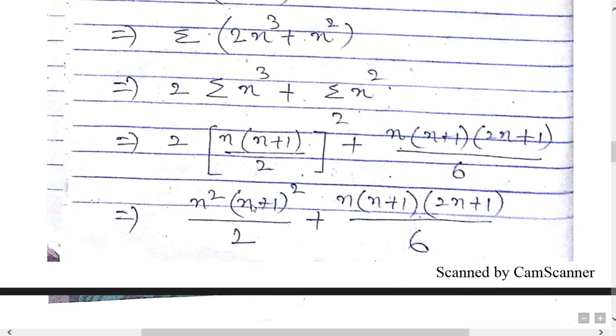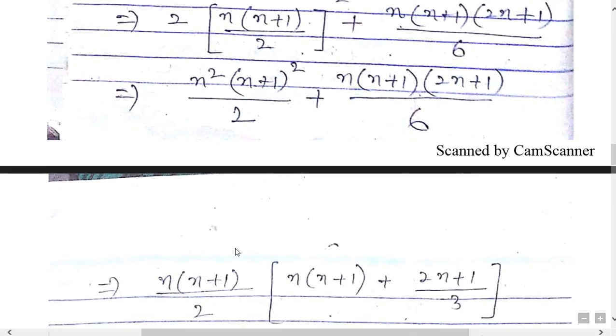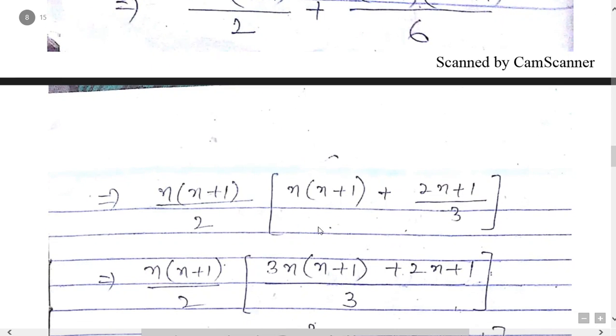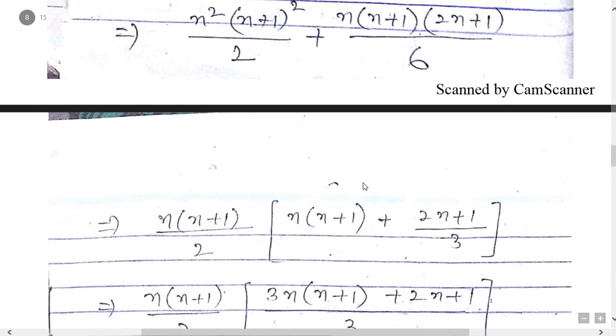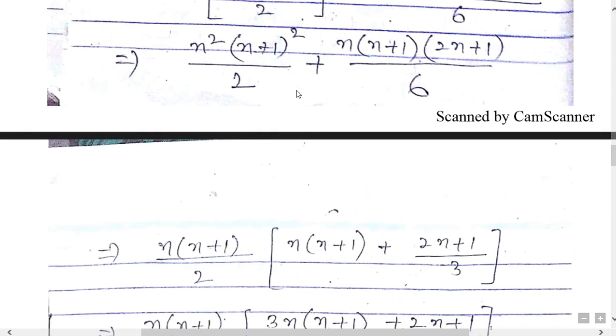It's n square into n plus 1 whole square divided by 2, then n into n plus 1 into 2n plus 1 divided by 6. You can take common n into n plus 1 divided by 2. Inside, n into n plus 1, and in the second term it's 2n plus 1 divided by 3 because 2 is common.